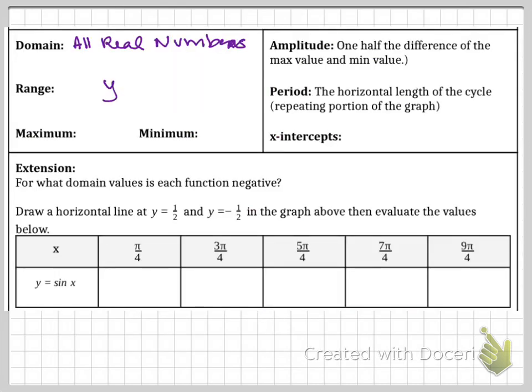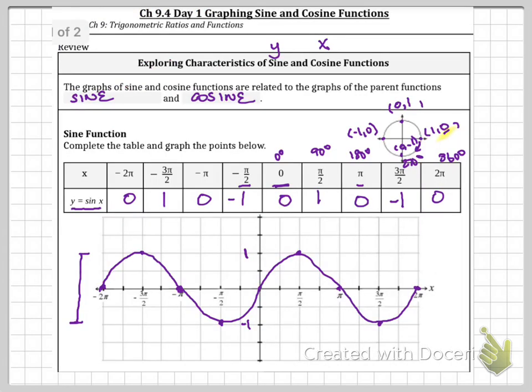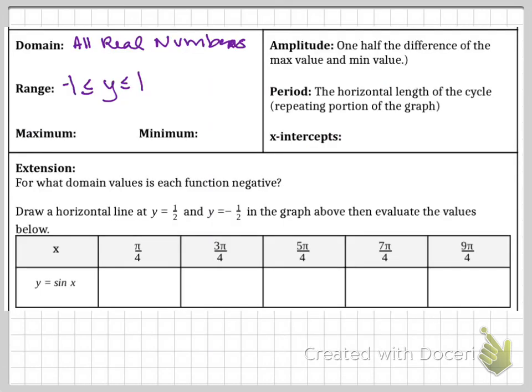So the range is y is between -1 and 1. Our maximum value is 1. Here's our max. The lowest that it reaches is -1. So our maximum is +1, minimum is -1.